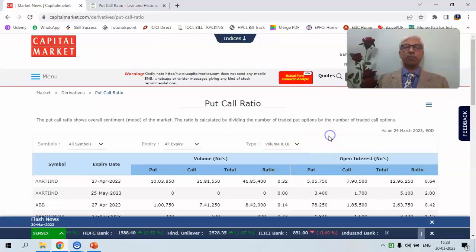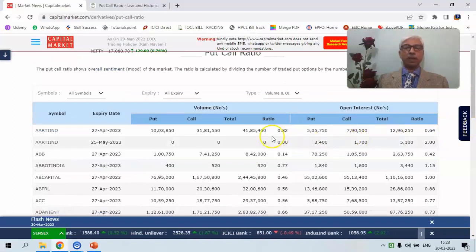Here I have selected both. So you can see I'm getting the put call ratio for both. This is for the volume and this is for open interest. Now since I have not selected any symbol, it is showing me everything starting from the alphabet A. So let us see this Aarti Industries, whatever it is.